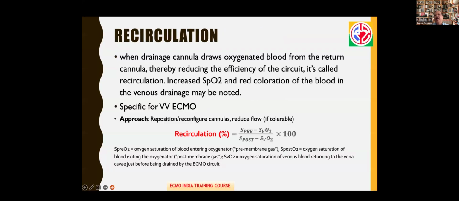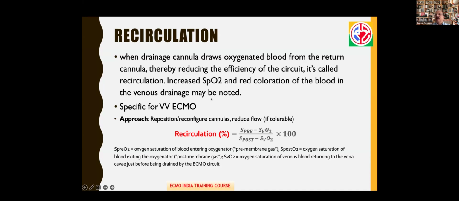An important subject is recirculation. Recirculation means literally the oxygenated blood which came back to the right atrium is again going through the drainage cannula as pre-oxygenator blood without getting circulated to the body. That is recirculation. So it is self-explanatory. We are infusing blood into the right atrium with the impression that blood will go to the pulmonary circulation.